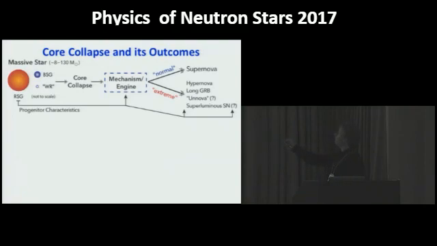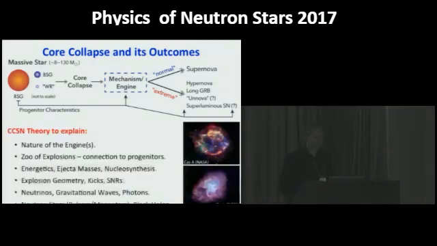And there must be something that's more extreme that gives us these hypernova explosions, the long gamma ray bursts, maybe no explosion at all, an unnova, a term coined by Chris Kochanek, or maybe a superluminous supernova. And there are characteristics of the progenitor that go into the engine, and they certainly also explain or connect to the explosive signature. So as a supernova theorist, I really have a lot to do.